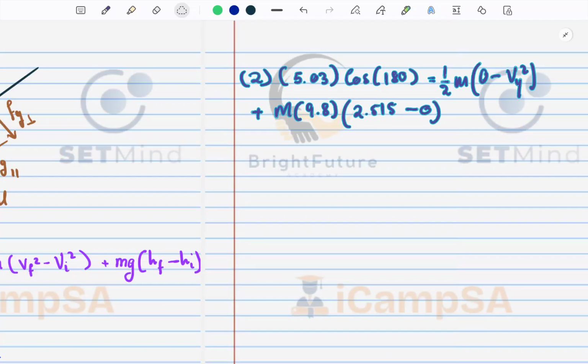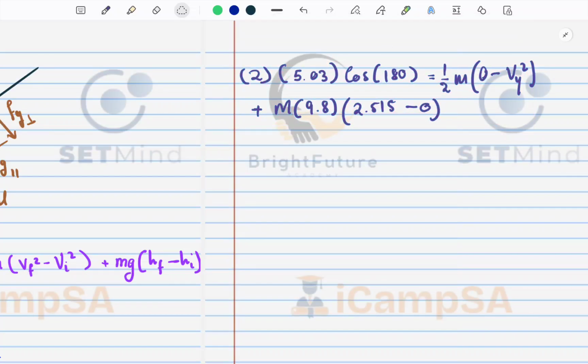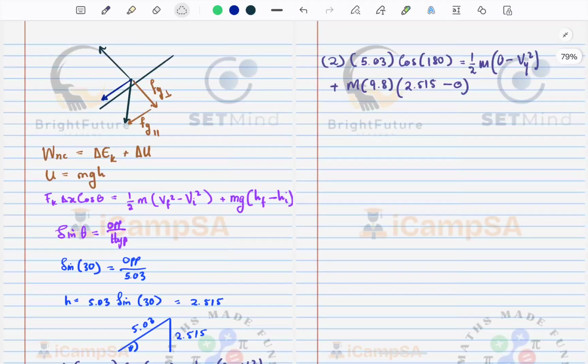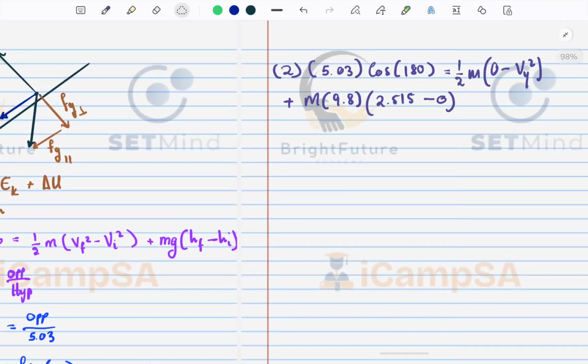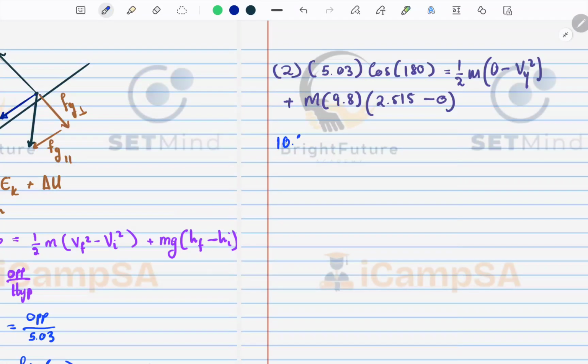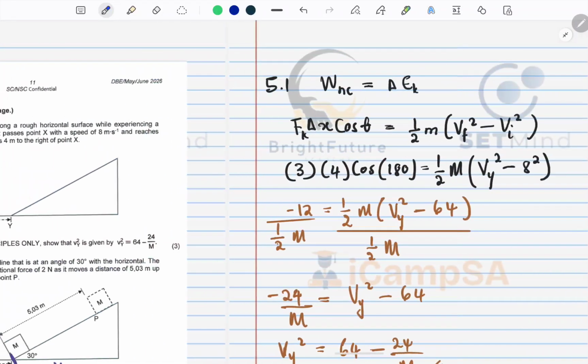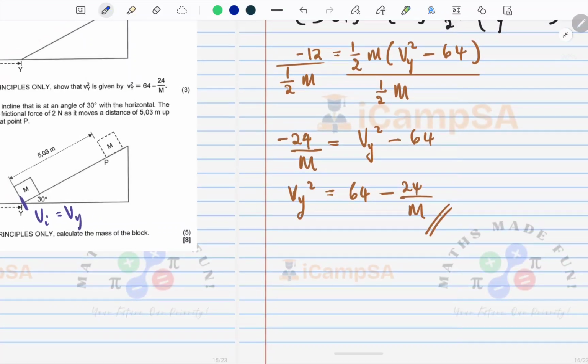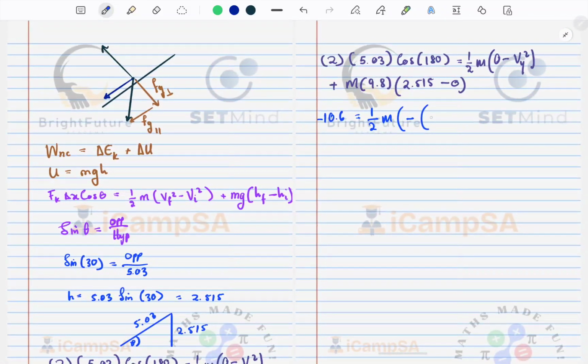So when we put it here, now it's a matter of just manipulating what we have. Let's manipulate it and see what we get. Just so that we simplify things first, we're going to have minus 10.6, and then equals 1/2 m times, and then we take whatever we had for our y, 64 minus 24 over m.